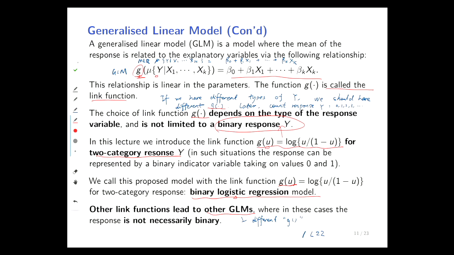Compared with the multiple linear regression model, later you will find a lot of similarities, but the most important difference is that for the GLM we have an extra function called g. And different types of response variable give different g functions. Today we talk about binary response y, but later we are going to talk about the count response y. If we have different types of response variable, we are going to have a different function g.